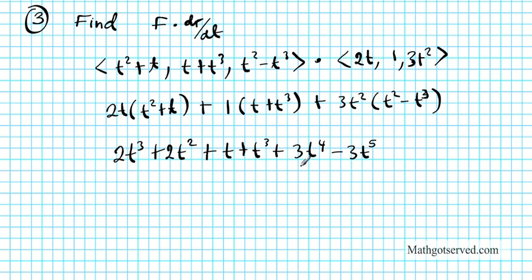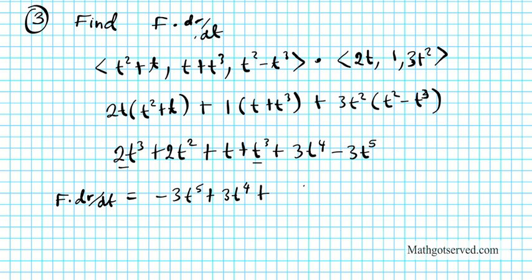Let's rewrite this in standard form. Basically, the dot product F dot dr/dt is equal to negative 3t to the 5th plus 3t to the 4th plus t to the 3rd. Oh wait, we can combine this and this together. We combine t to the 3rd plus 2t to the 3rd, and we're going to have 3t to the 3rd.